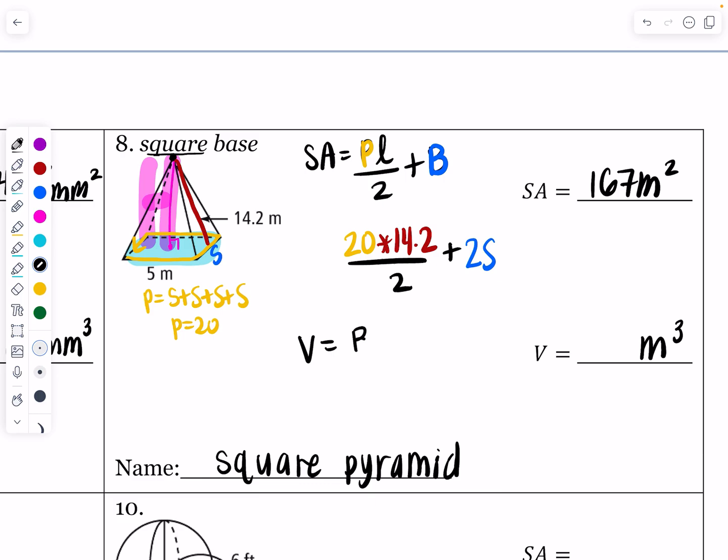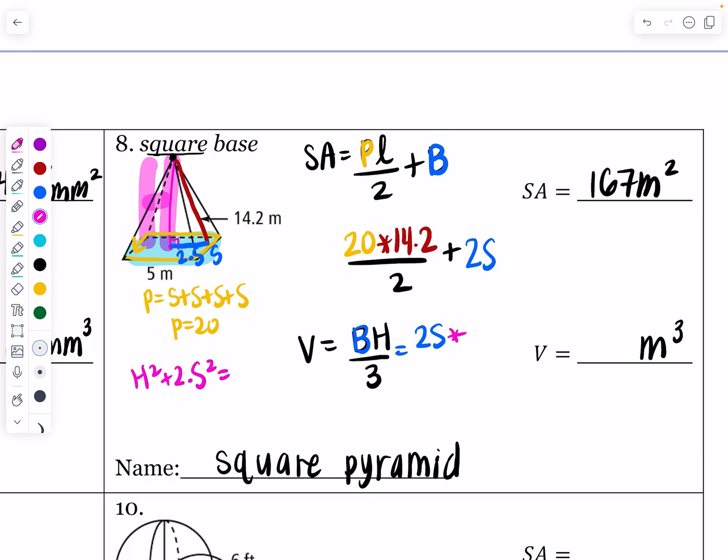Volume is going to be equal to base times height divided by 3. We've already calculated our base. Our base was 25, so let's fill that in. What was our height? Well, we actually don't have our height of the pyramid yet. We need to find it. And so I'm going to use the Pythagorean theorem. It's going to be h squared plus, I need to complete this triangle. That's going to give me 2.5 right there. So h squared plus 2.5 squared. Why is it 2.5?